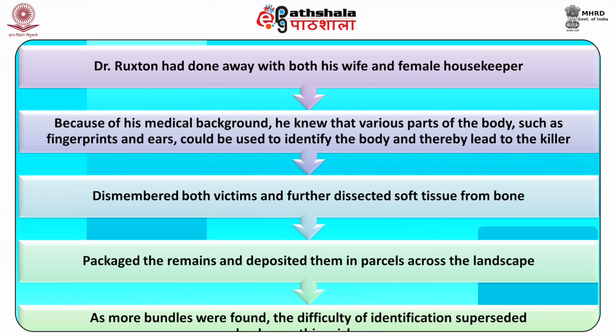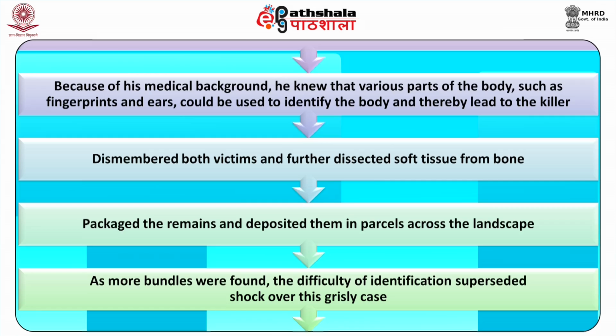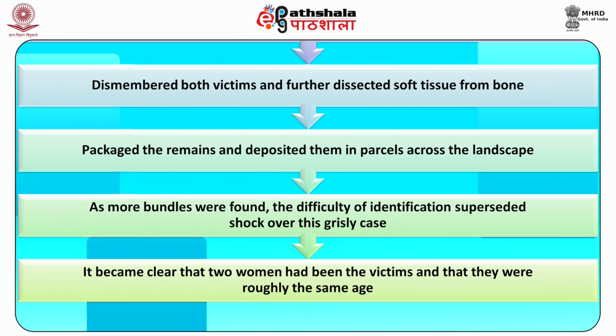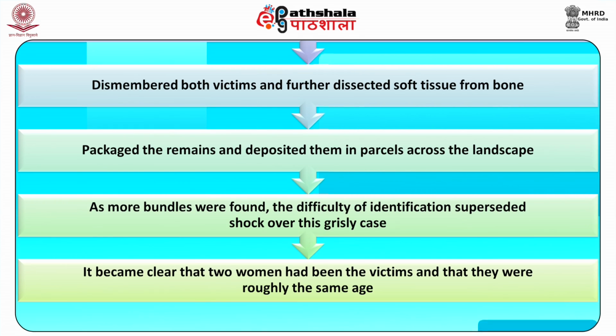Because of his medical background, he knew that various parts of the body, such as fingerprints and ears, could be used to identify the body and thereby lead to the killer. Therefore, he dismembered both the victims and further dissected the soft tissues from the bone. He then packaged the remains and deposited them in parcels across the landscape.